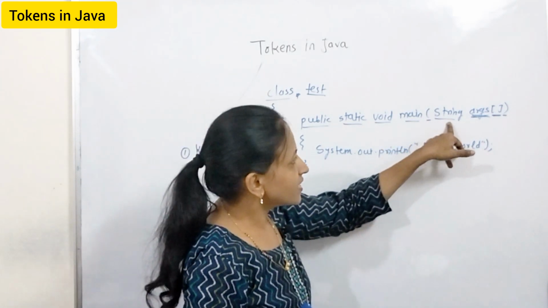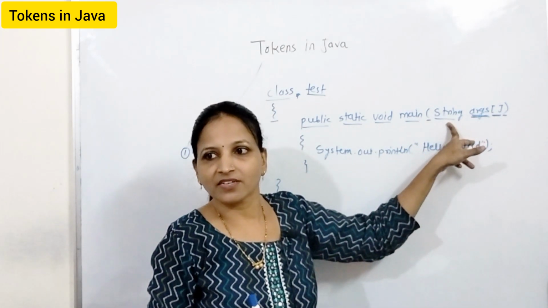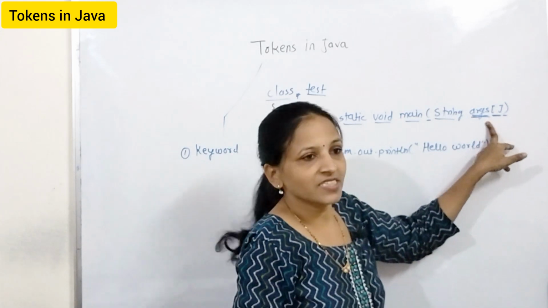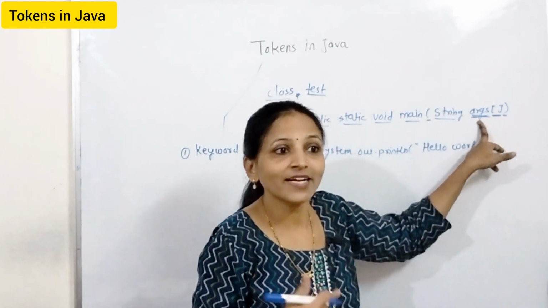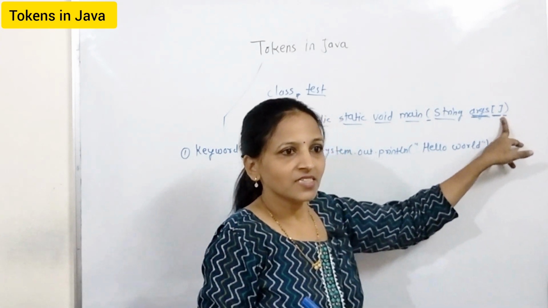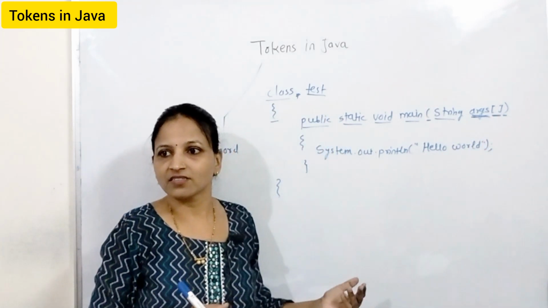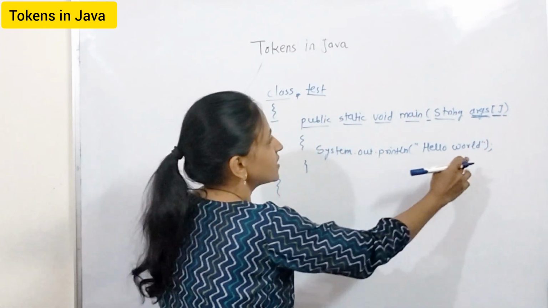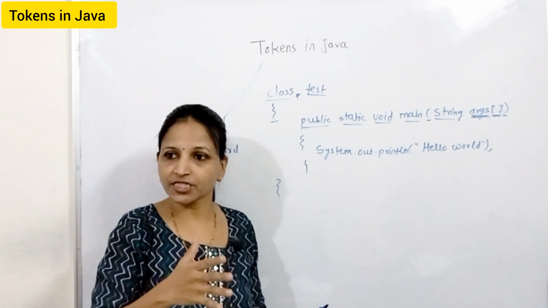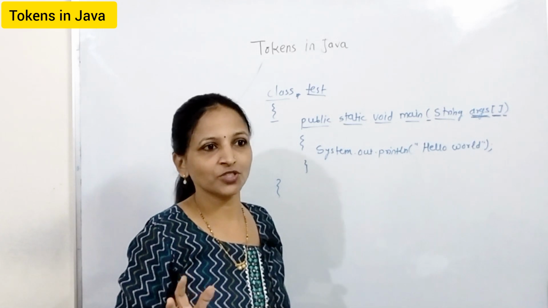Then String, this is again a predefined identifier; String is a predefined class. Okay, args, this is the identifier. This square bracket, leave it, this is actually a separator. Now here this semicolon is again a separator. Separator means it will separate each and every instruction of our Java source code.